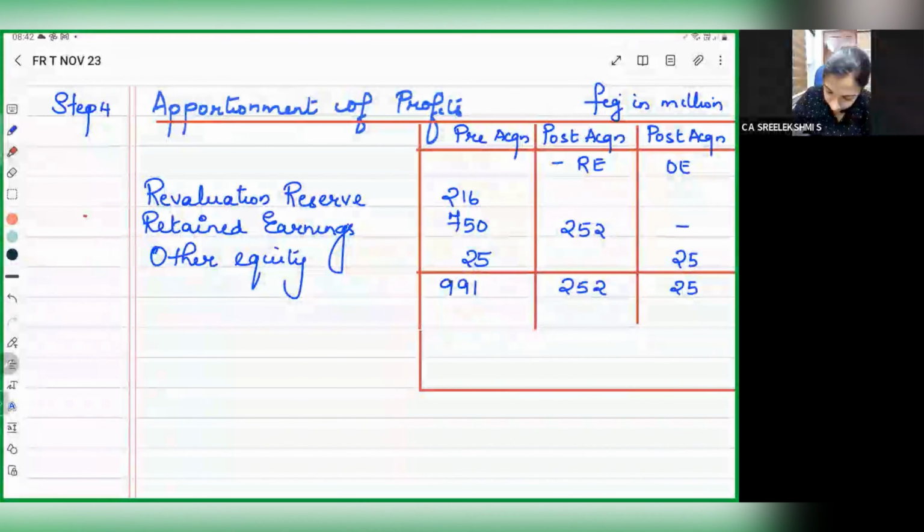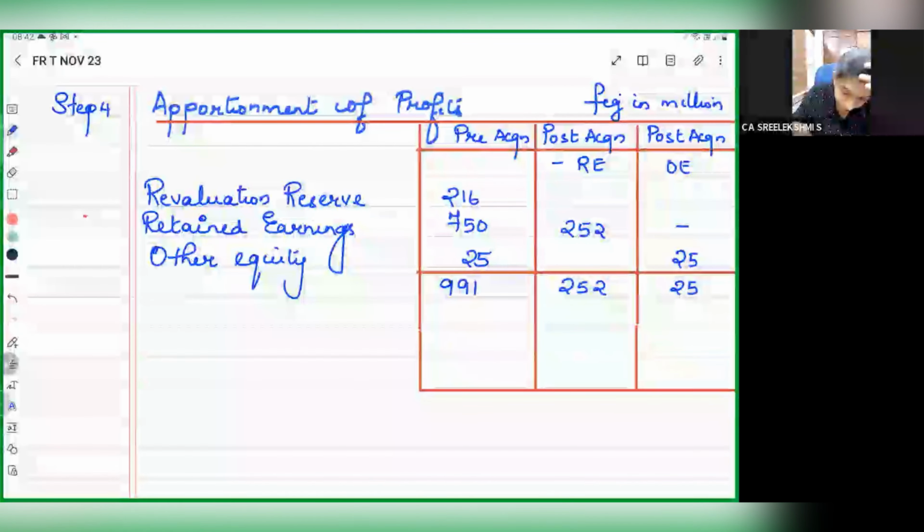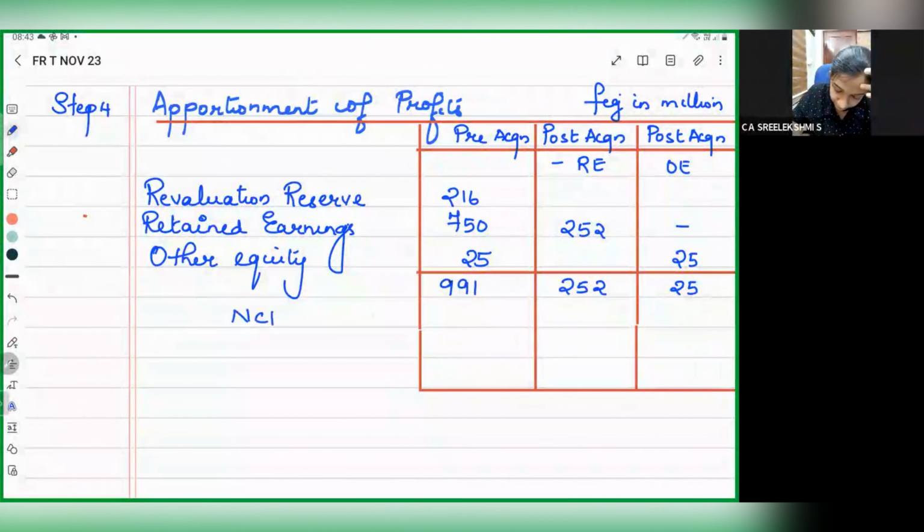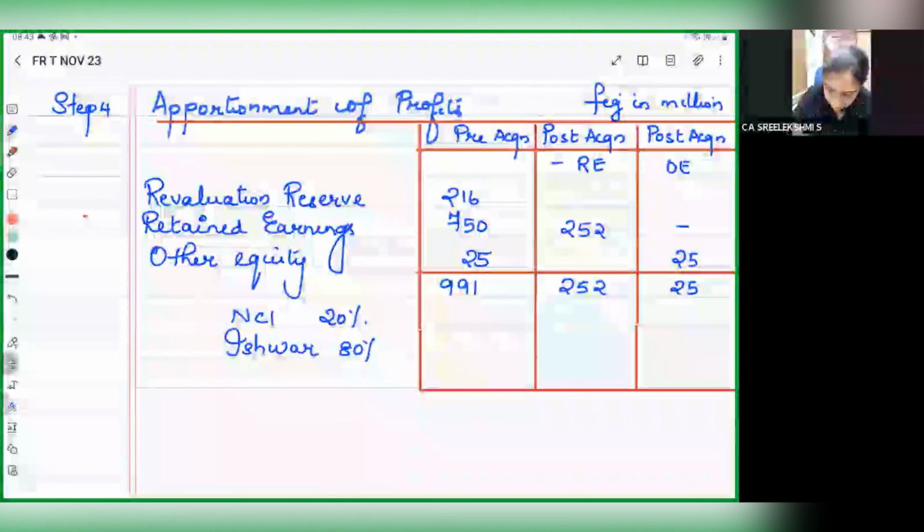Fine. Then you divide. NCI 20%. And what is the name? Ishwar Limited. Ishwar is my holding company, 80%.